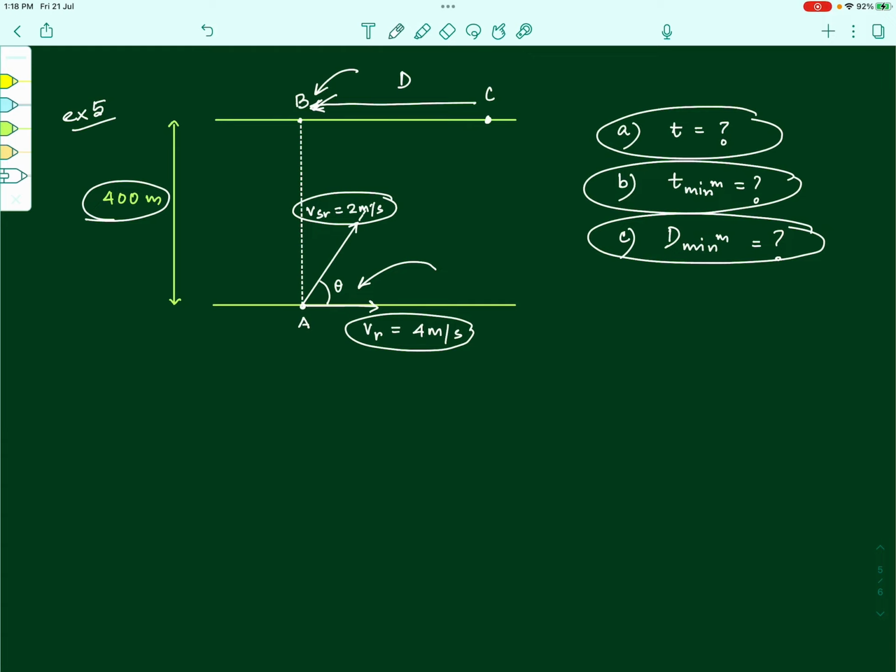right? So the time taken to cross the river, the minimum possible time to cross the river, and then the minimum drift. All the three things we are supposed to find out.